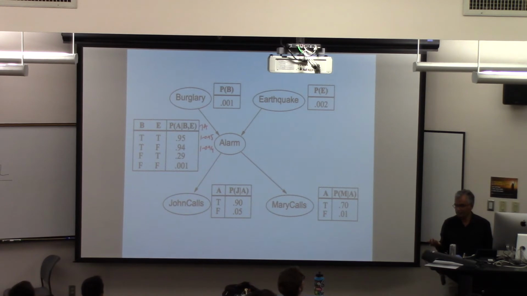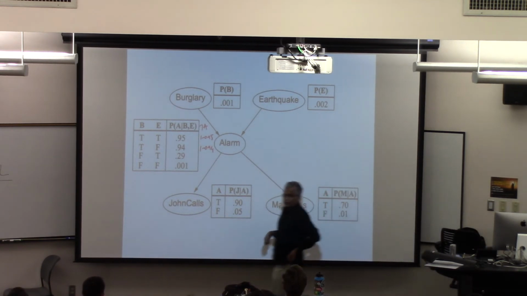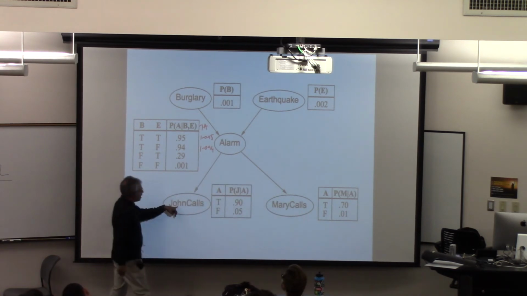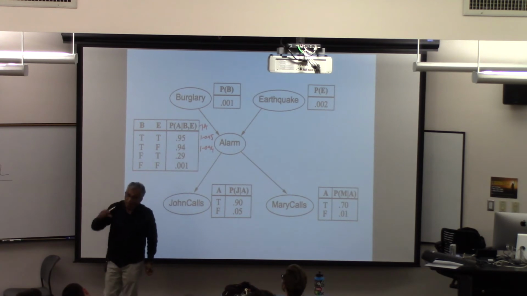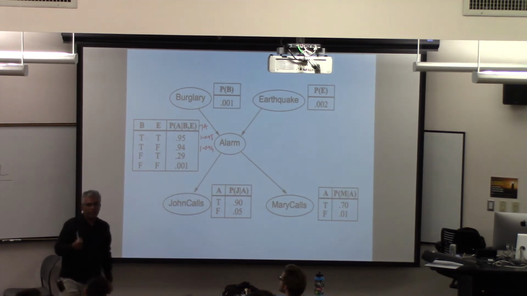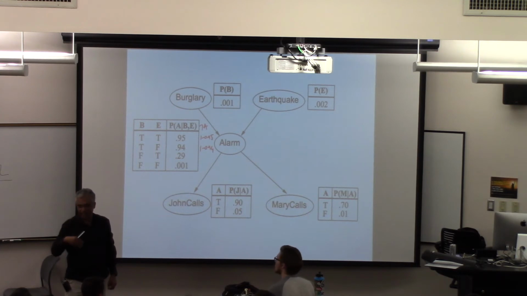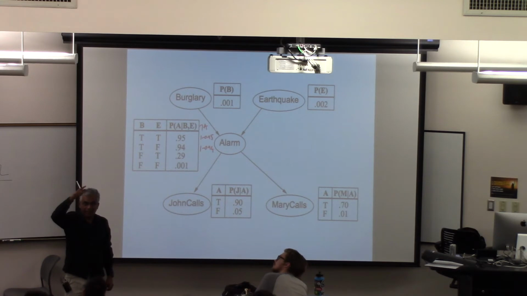Okay? So that's all I need to do. And then, of course, for John calls, notice that alarm has one parent. The number of probabilities you need to give at a node, for a Boolean variable scenario, will be 2 to the power k, where k is the number of parents.